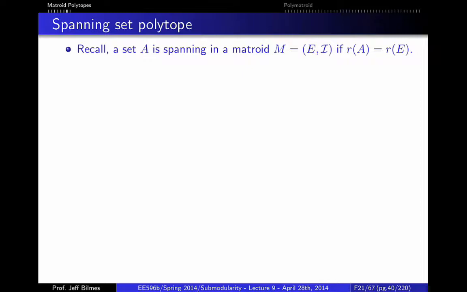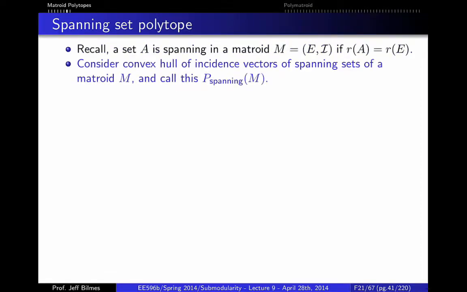Okay, so there are other polytopes that we can define. There's something called the spanning set polytope. So remember, what does it mean to span? If you're a set and you're spanning in a matroid, it means that your rank is the same as the rank of the matroid. Right? And we can actually define any spanning set.